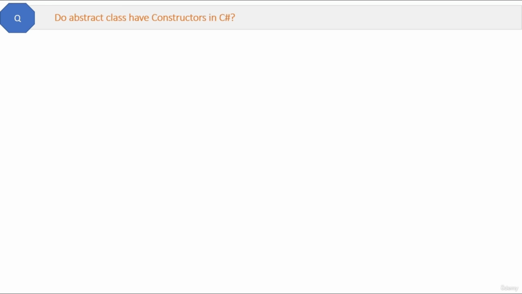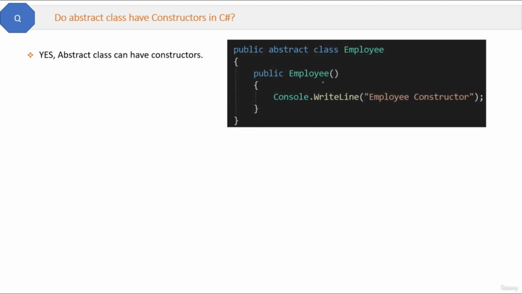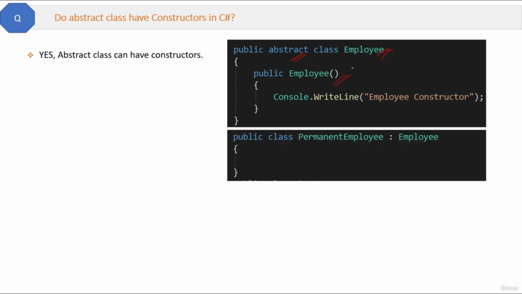Do abstract classes have constructors in C#? You will think an abstract class is for inheritance and we cannot create its object, right? So the answer is no, we cannot have a constructor in an abstract class. But here is the twist. Yes, an abstract class can have constructors. For example, we have this employee abstract class with a constructor and we inherit this in the permanent employee class.